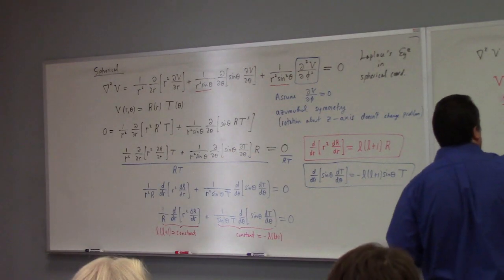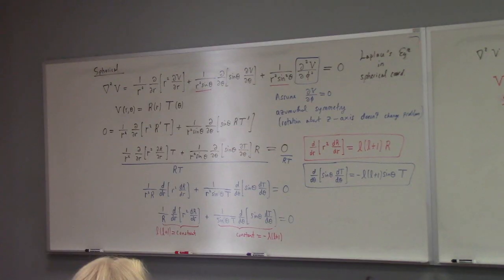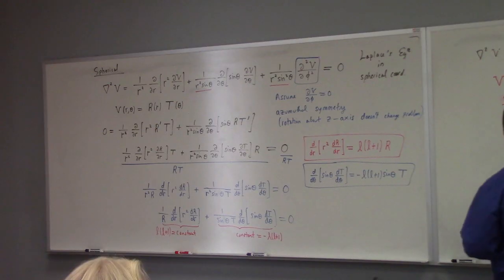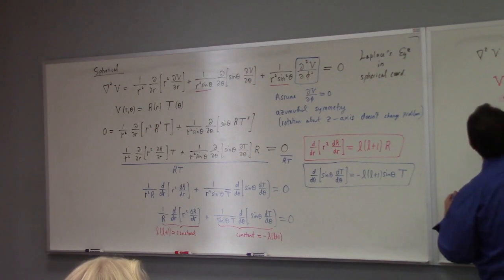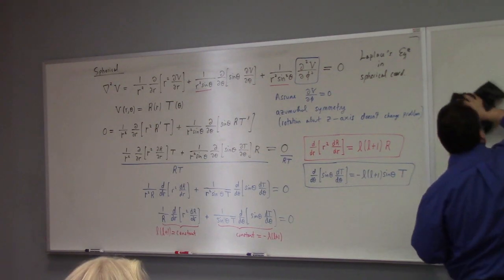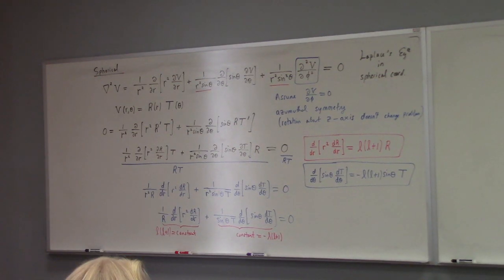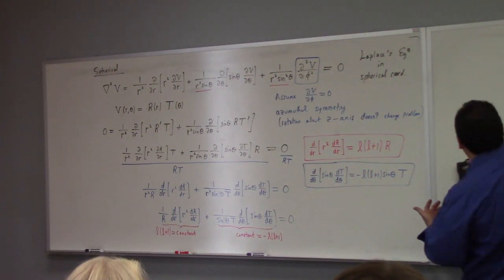I'm not sure what this thing is, technically speaking, in the larger world of the differential equations lexicon. But I do know that it can be solved, and the solution is actually pretty easy. And I think the form of this solution, in some sense, explains why we labeled the constant as L times L plus 1. So let me just tell you, and we could check this, right?